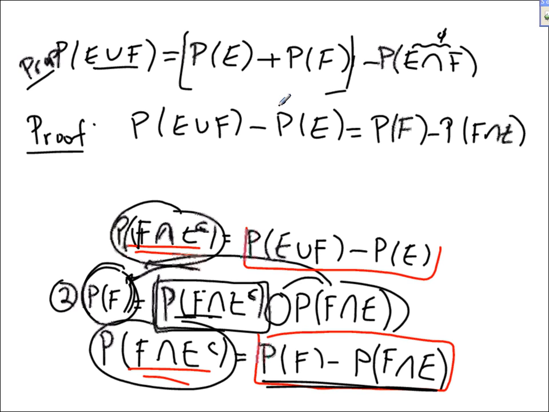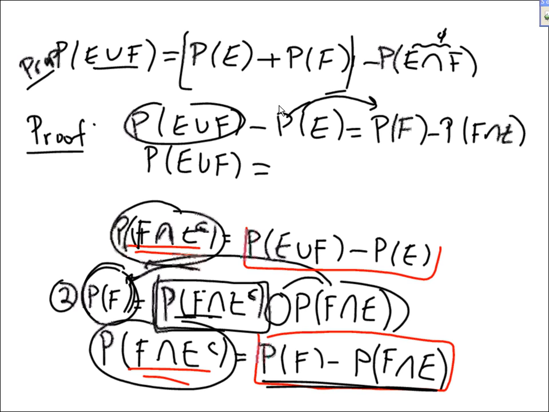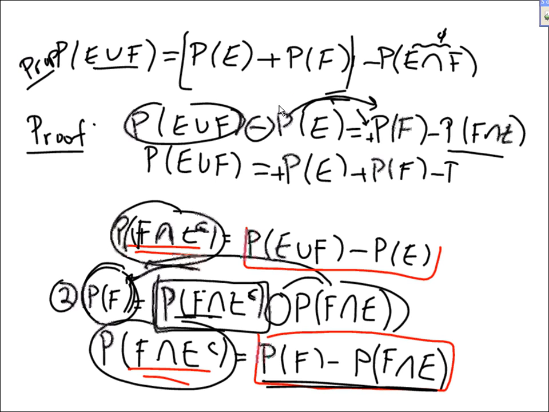And just play a little algebra with this, and you'll be okay. Just bring this to the other side. The probability of E union F equals, when I bring this over, since it's minus, it becomes plus. And of course, for the first term, you don't have to write the plus. You can if you want. And here, this first term doesn't have a sign, so it is plus P of F minus P of F intersect E. Oops, I didn't mean to write C at the very end.